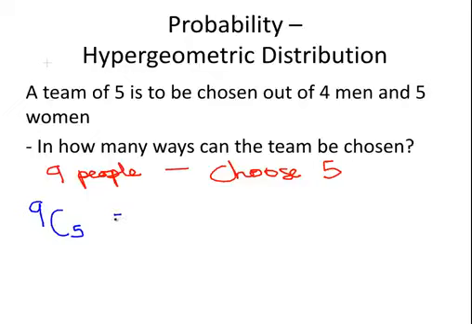and that is equal to 9 factorial over 5 factorial times 9 minus 5, which is 4 factorial.